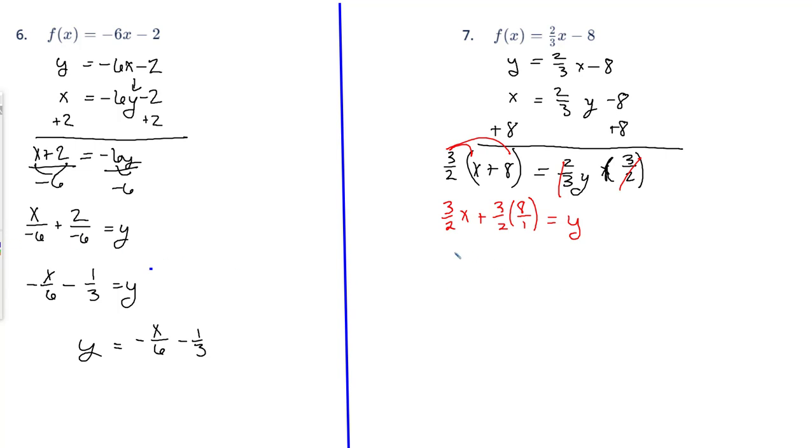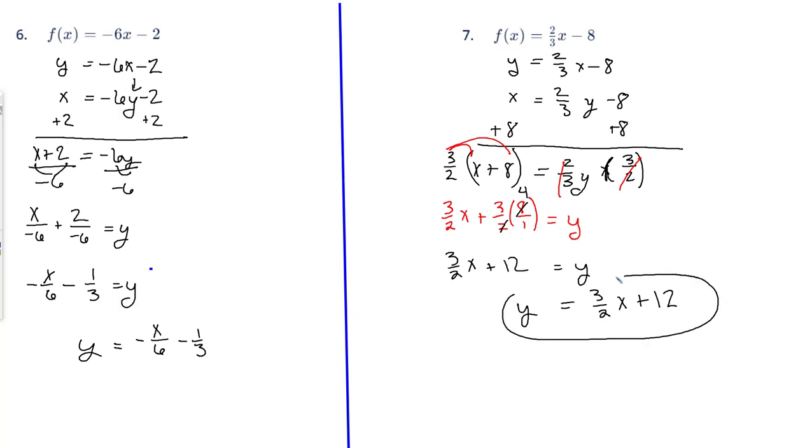And so I end up with 3/2 x. The 2 and the 8 can reduce, giving me a 4 up here. 3 times 4 is 12. So y is equal to 3/2 x plus 12. And so that's the inverse function.